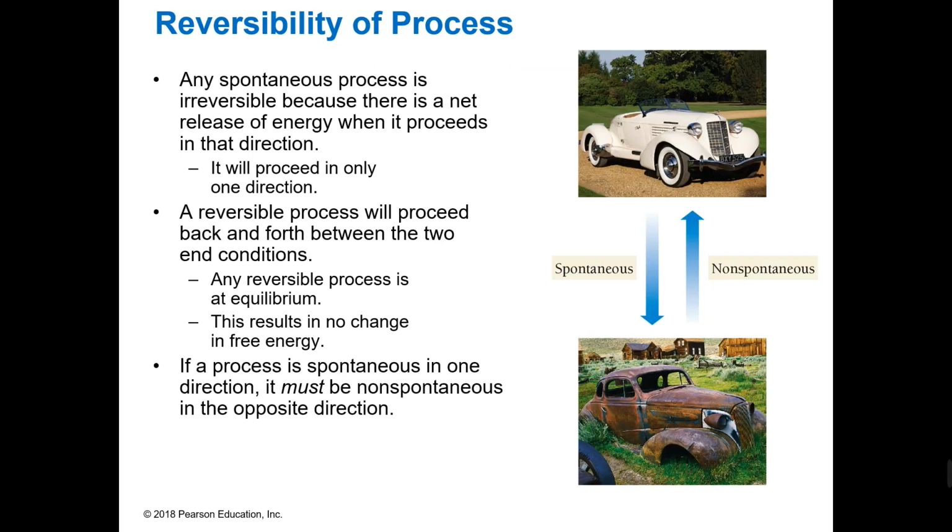Here's my example. Going from this to this is completely spontaneous. The reverse of this is not spontaneous. Again, it will never happen. Another takeaway: if a process is spontaneous in one direction, it must be non-spontaneous in the opposite direction.